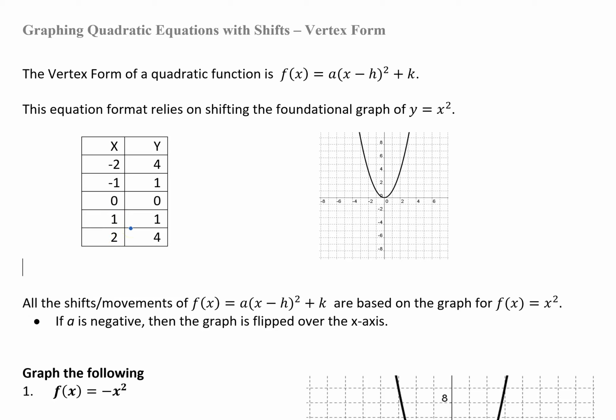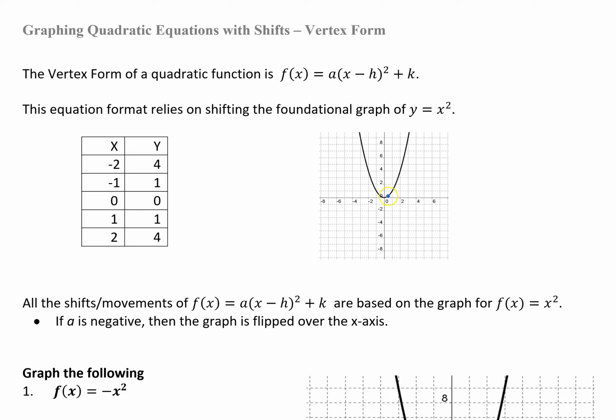And then you would substitute those in for x and figure out your y values are 4, 1, 0, 1, and 4 because you have to square all of your x values, and those that were negative x values, when squared, will become positive y values.